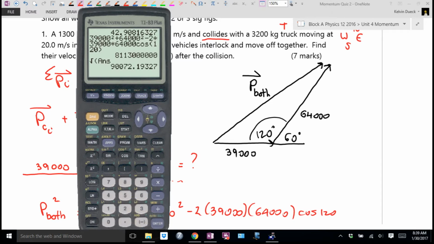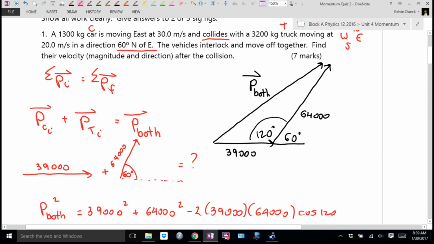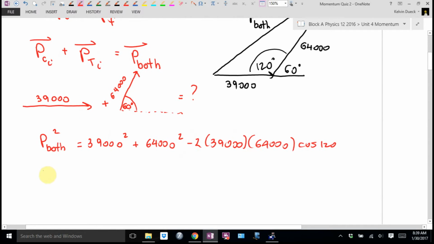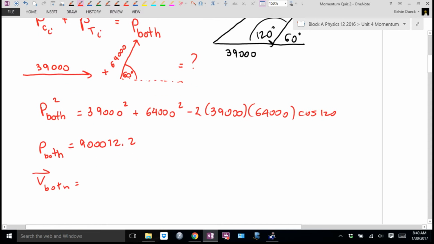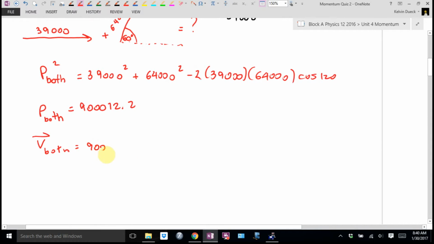Sheesh. I get 90,072.2. I get momentum of both equals 90,072.2. So the velocity of both is going to be this number.